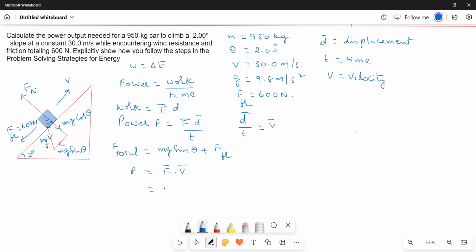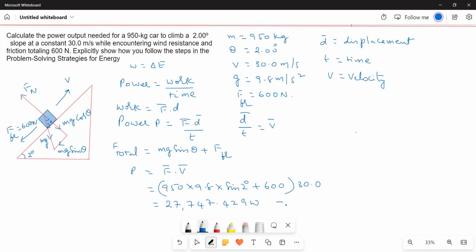Okay. Mass is given as 950 kilograms and g is 9.8 meters per second squared, and then sine 2 degrees, plus 600 newtons, times velocity, which is 30 meters per second. Okay. And when I calculate this, I get 27,747.429 watts.